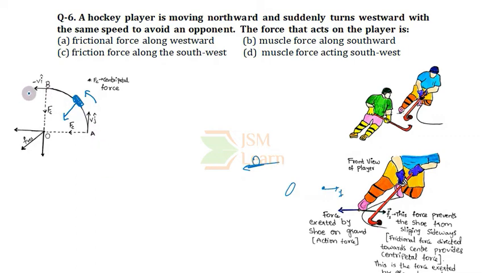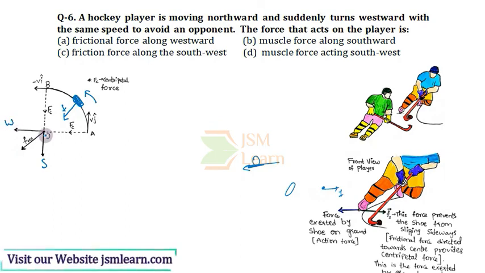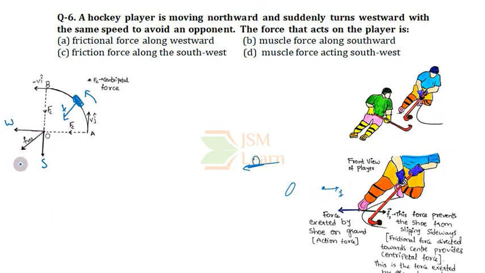From here we can see that the direction of the frictional force lies between the south and west directions. That is, this frictional force is directed towards the southwest direction. So option C, frictional force acting along the southwest direction is the force acting on the player, is true.